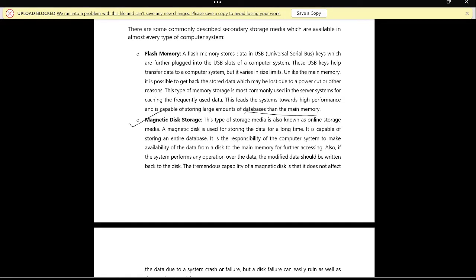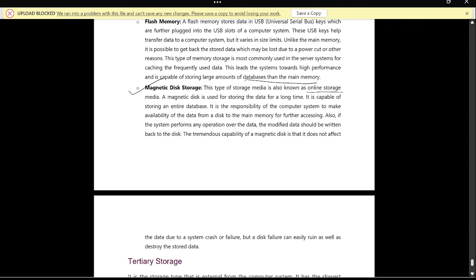Coming to the magnetic disk storage, we know that this is called online storage media. What data are you going to store in magnetic disk storage? They are permanent data, and by magnetizing we store information here. A large amount of operations and modifications are done here, and whatever data you save here is stored on a disk.